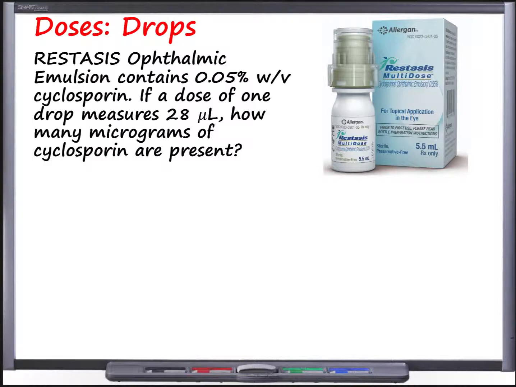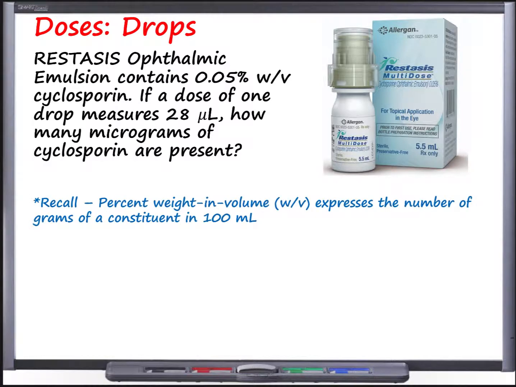And lastly, I think the trick to this question is making sure you understand that when you get a percentage expressed in weight per volume, I'll have you recall that a percent weight per volume can be converted into the units of grams per 100 milliliters. So for a weight per volume percent, the weight units are grams, and the volume is standardized in a percent to 100 milliliters. That's an important thing you need to know to be able to successfully calculate and answer this question. So let's start.